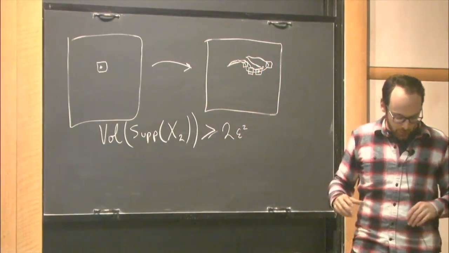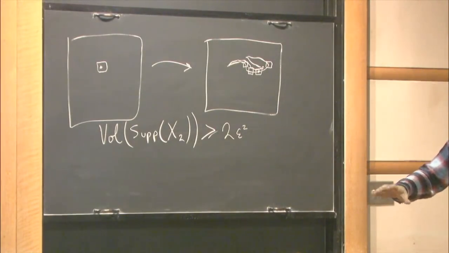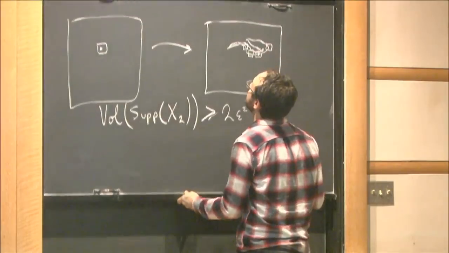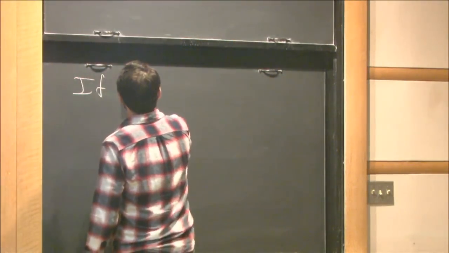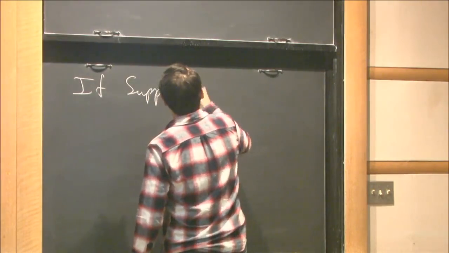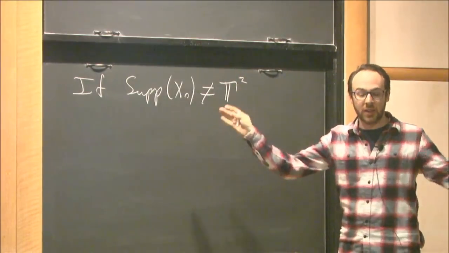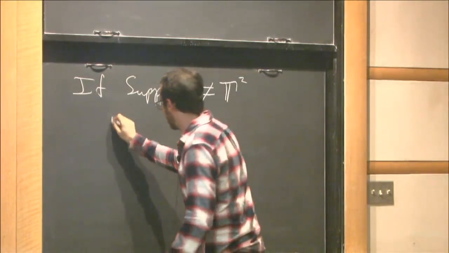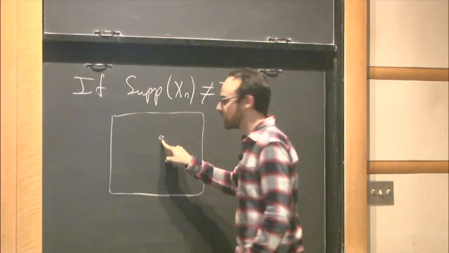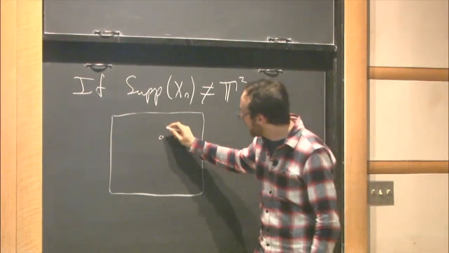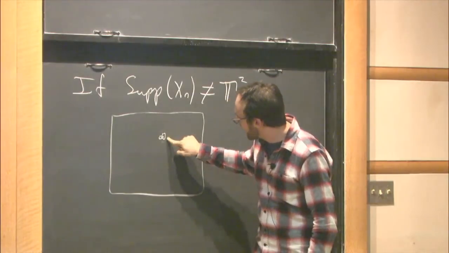And then I ask the question, assume that I don't cover all of phase space with the support of x_n for some n. If the support doesn't cover all of phase space yet, then there's some pocket that's avoided, say here. There's some small piece that's avoided, and I take a little bite out of it with the epsilon pillbox.